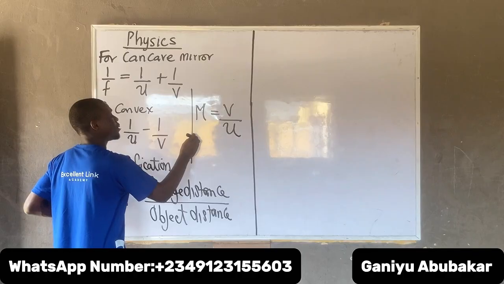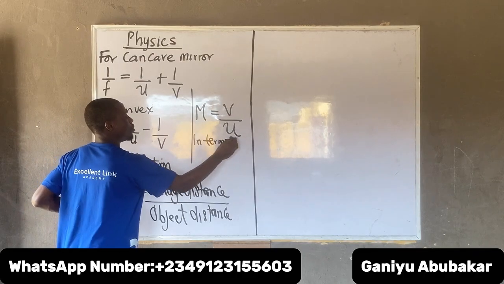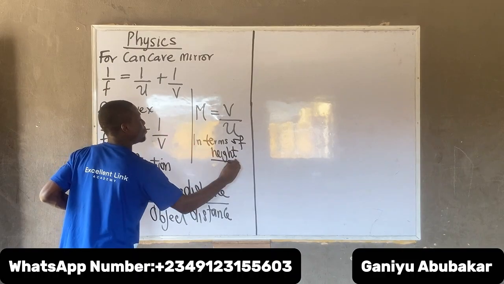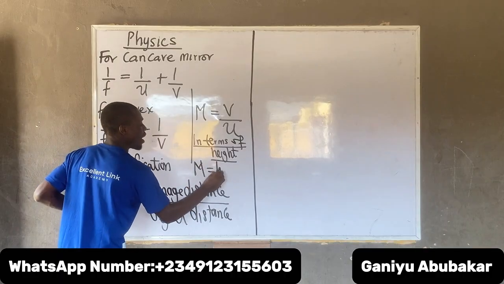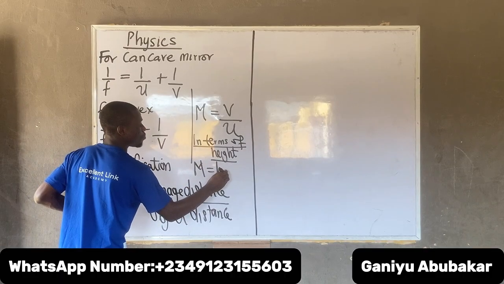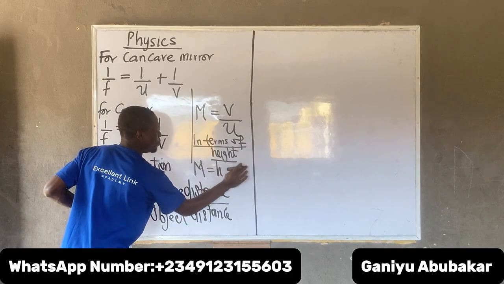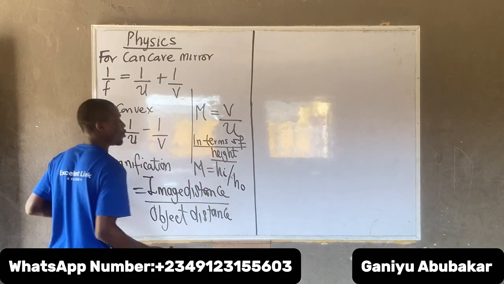And in terms of height, magnification M can be expressed as height of image HI over height of object HO.